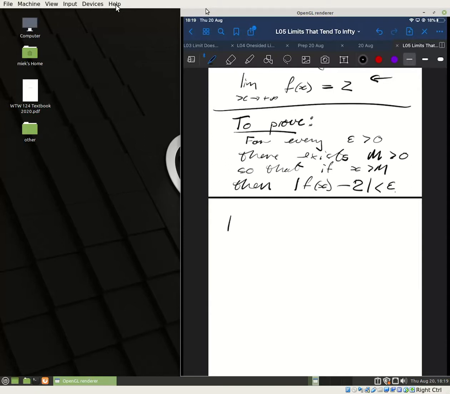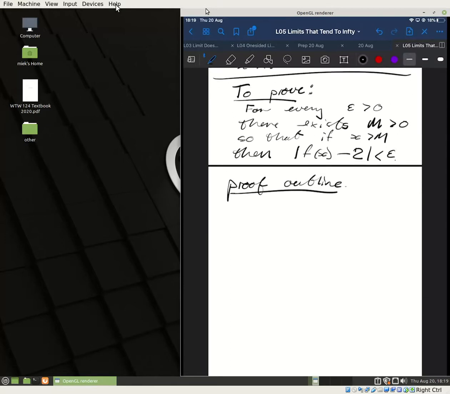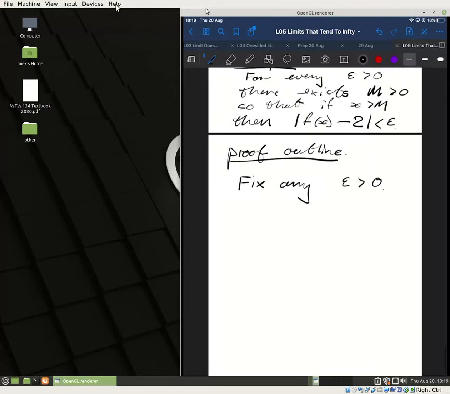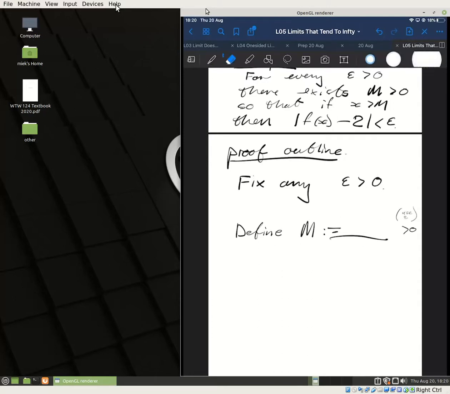Okay, so let's write our proof outline. We want to fix any epsilon greater than 0. We have to show that there exists an m, so we must define an m. Define m as something, should be bigger than 0, and we are allowed to use epsilon in defining our m.